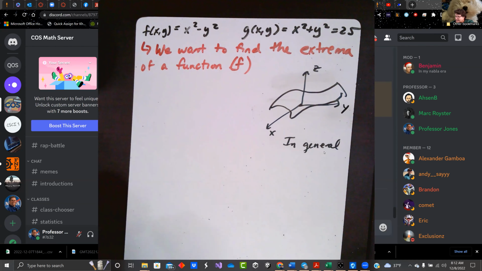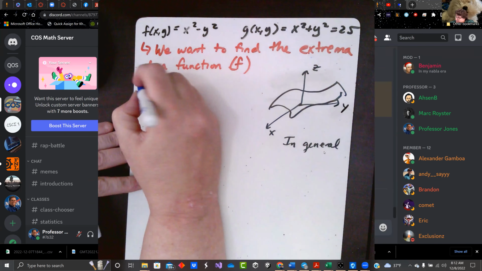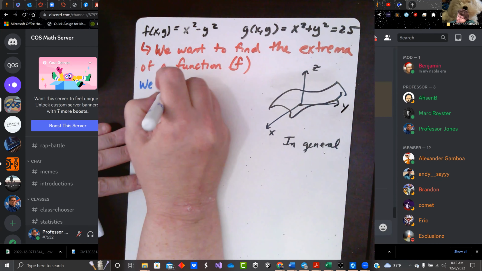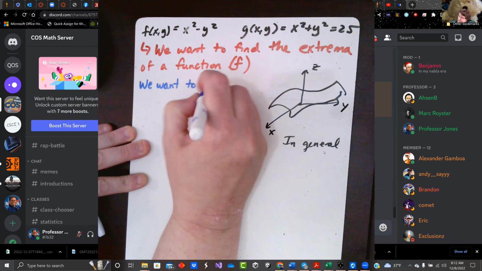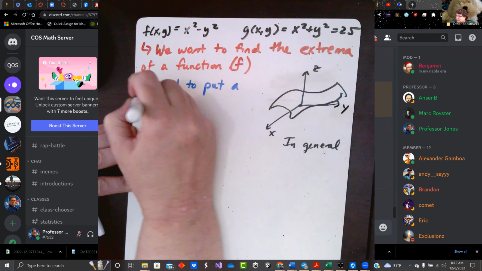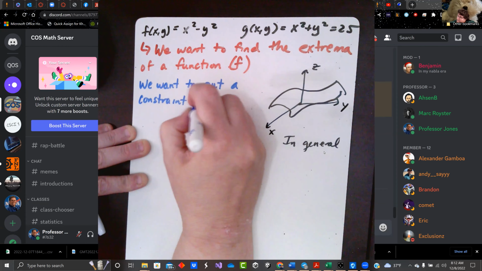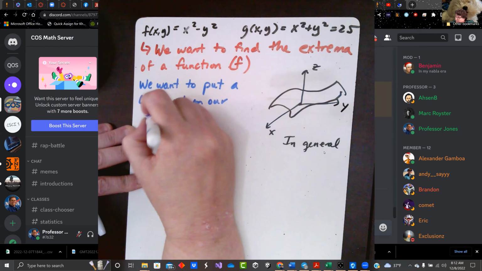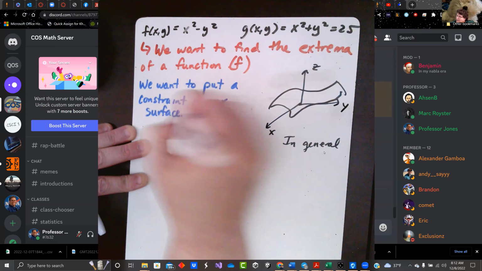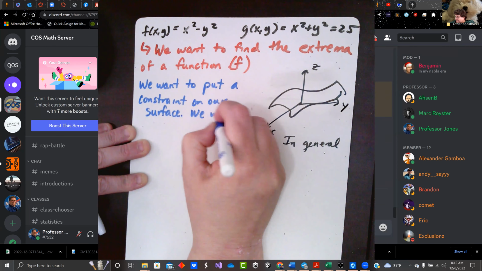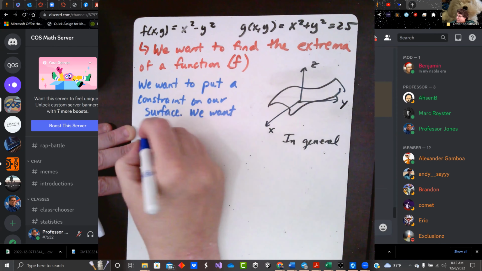But let's say on this surface, we want to constrain. We want to put a constraint on our system, a constraint on our surface. We want answers that only fit one equation.